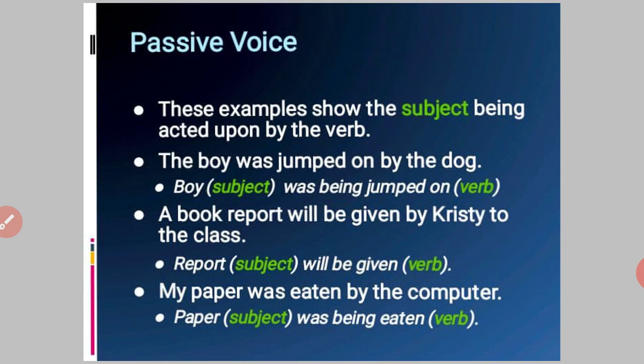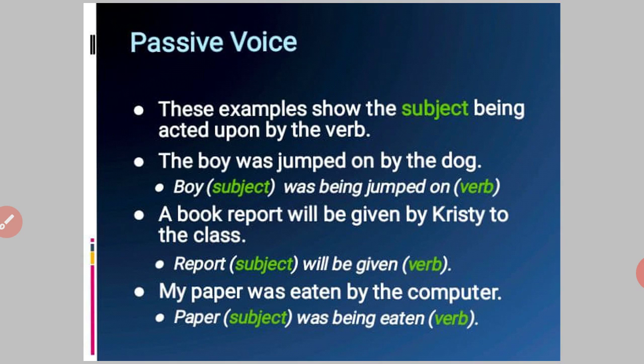Examples. The boy was jumped on by the dog. So here the boy was jumped on by the dog. Getting? So here the boy was being jumped on. Boy is the subject. But because of what the boy jumped on, actually the performer is the dog.